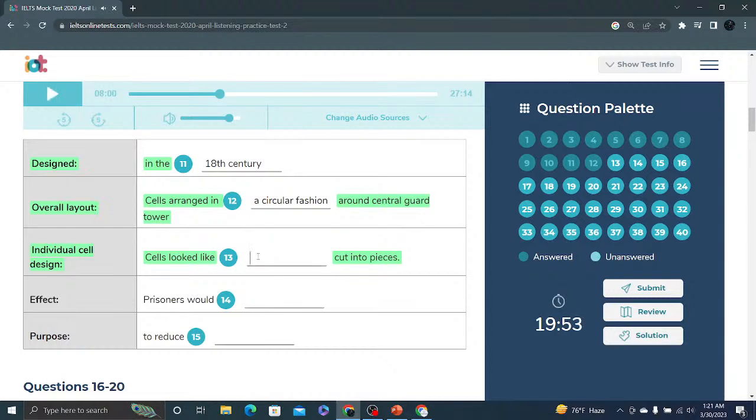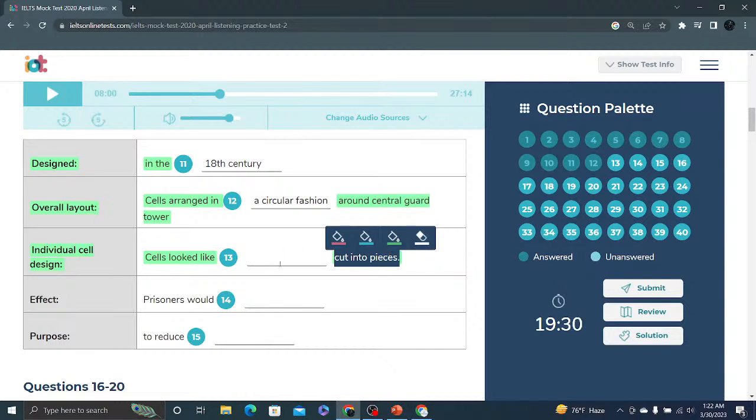So he was saying the design resembled a giant pie cut into segments. Here we can see it's cut into pieces, and he was saying cut into segments. So segments and pieces are synonyms of each other.